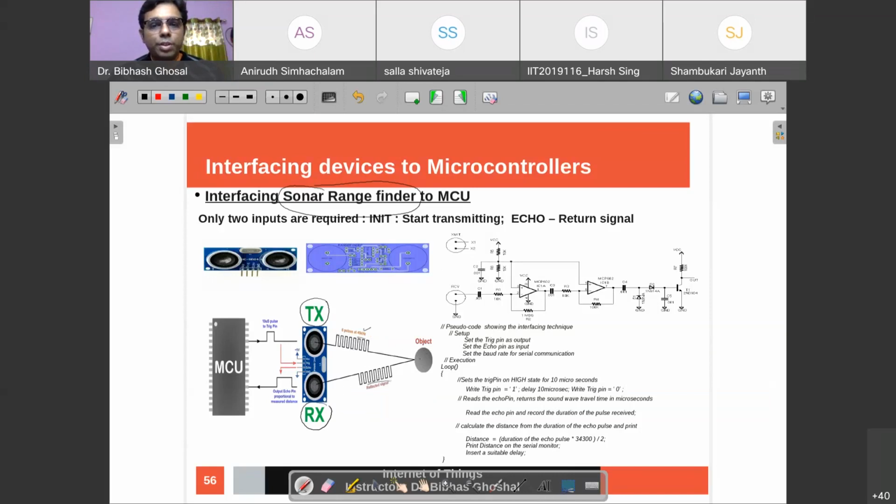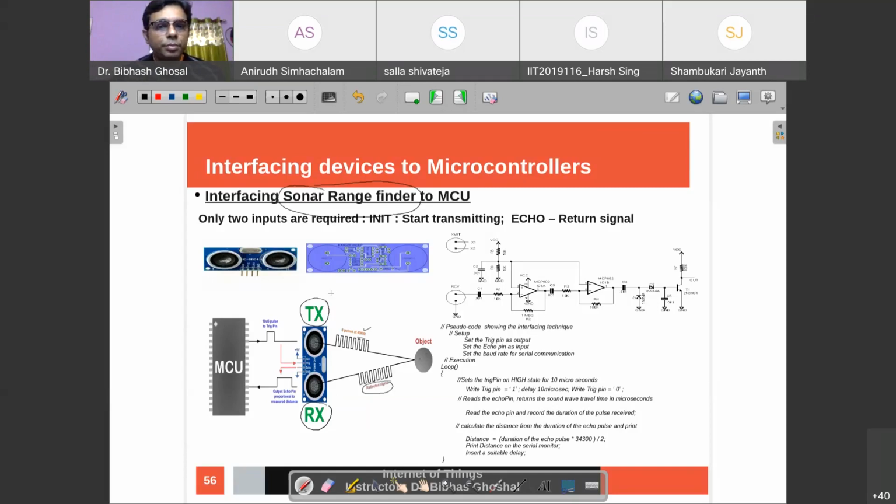This reflected pulse is captured by the receiver. So this is the principle. It's basically a transmit-reflect mechanism. If the receiver receives this pulse, we understand that there's an object.